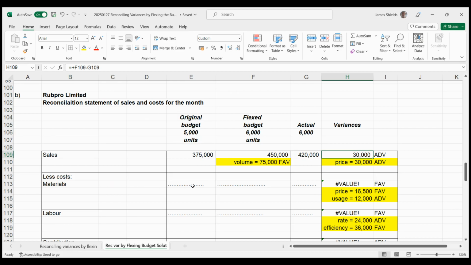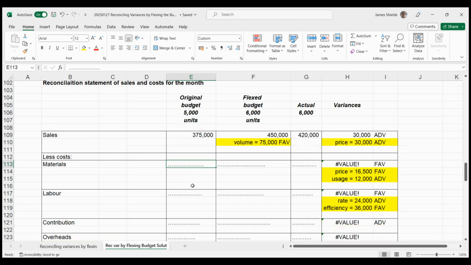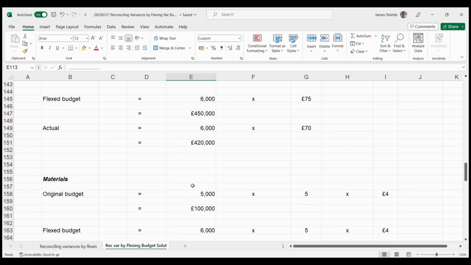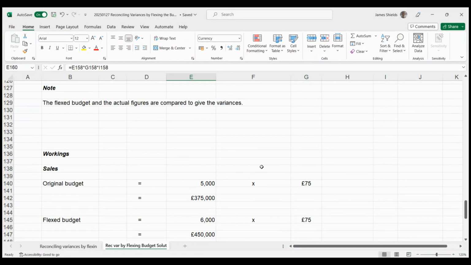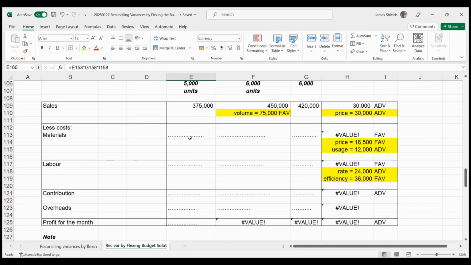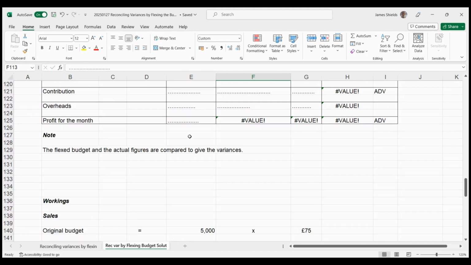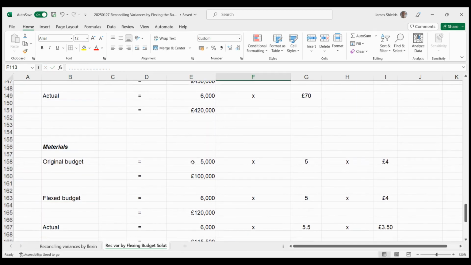Right, materials now. The original budget is 5,000 units times 5 metres times £4 per metre, so it's going to give us £100,000. I'm going to flex it for 6,000 units now, so it's 6,000 times 5 times 4.